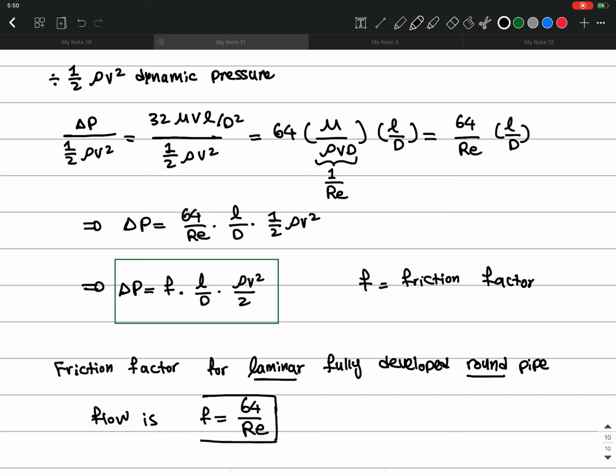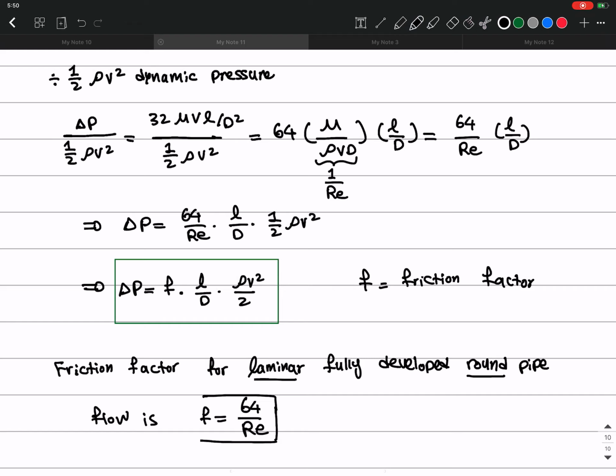But later on, for turbulent flows, we will see that it's going to be a function not only of Reynolds number, but also of other parameters like the roughness of the pipe, and inertia is also going to be important for turbulent flows, right? So here is a simpler case, which is for laminar flows.